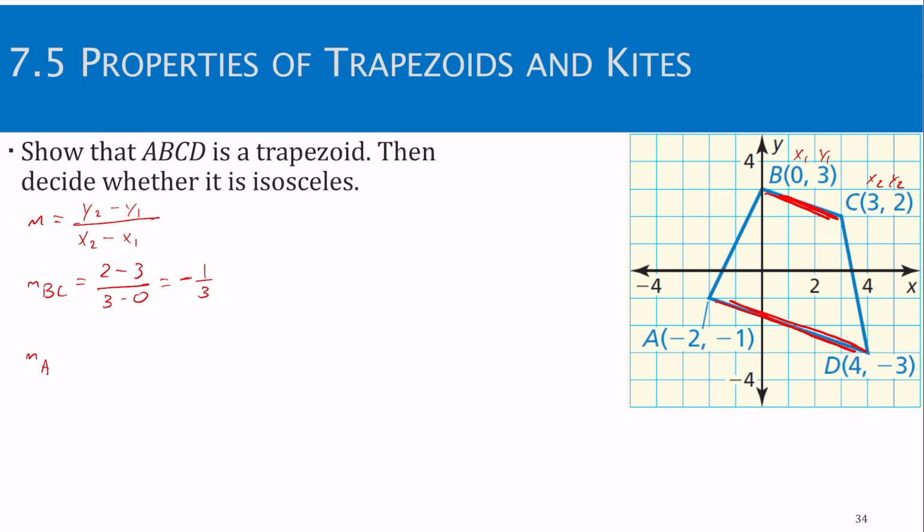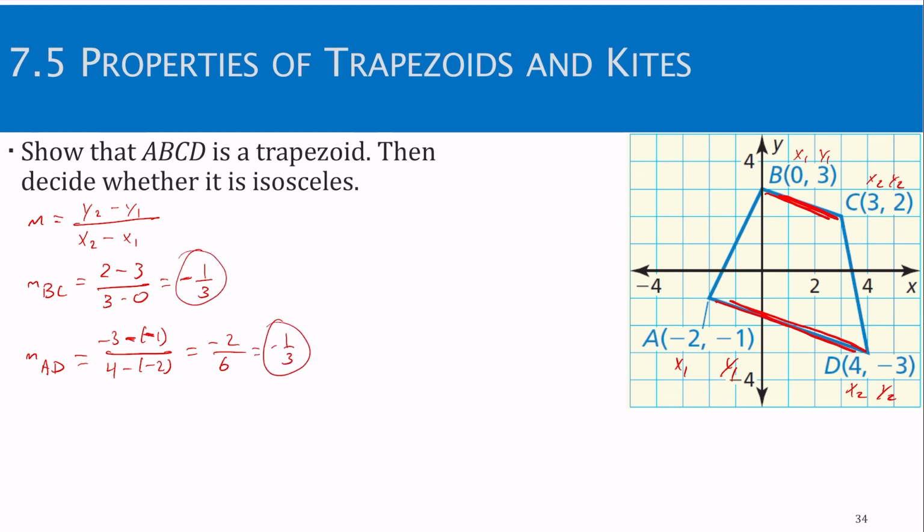For AD on the bottom, again I can call this x1, y1, the other one x2, y2. y2 is negative 3, y1 is negative 1. x2 is 4, x1 is negative 2. Minus a negative is a plus, so this is negative 2 over 6, which is negative 1/3.